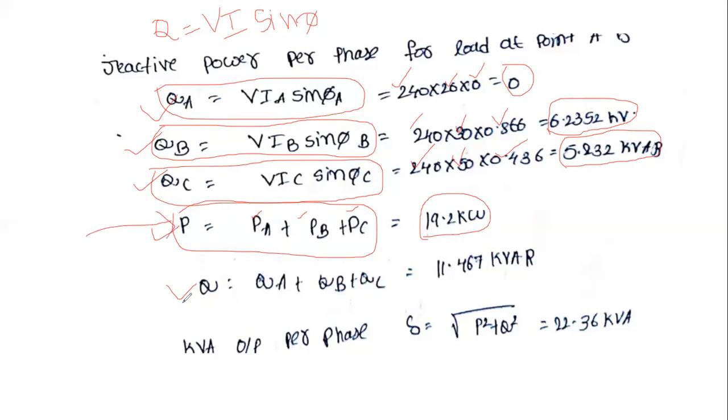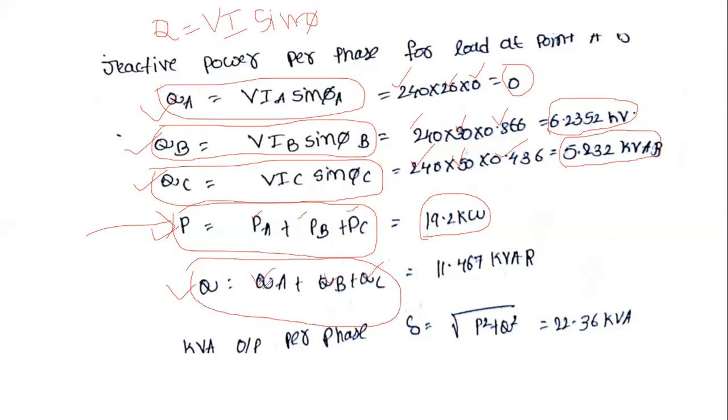Then what is the third bit? Total reactive power. What is the formula for reactive power? Q is equal to QA plus QB plus QC, the reactive powers at points A, B and C. This is the total reactive power formula.